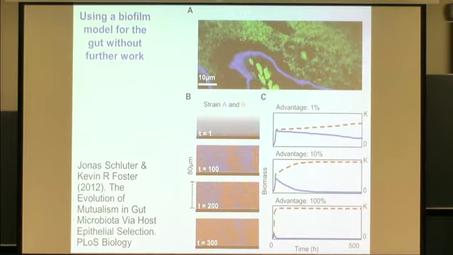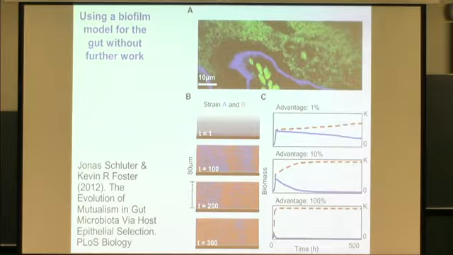You have two species here, and they compete, and the host, this here at the bottom is the host epithelium, can favor one or the other species by inhibiting the other, or by feeding specifically the one it wants to favor. What this paper has shown is that it is fairly easy for the host epithelium to favor one strain over the other by selective feeding or selective inhibition.